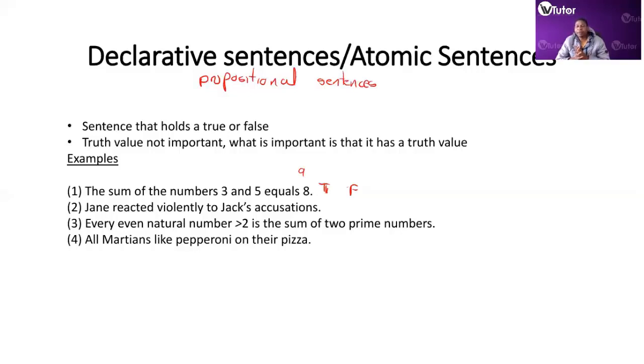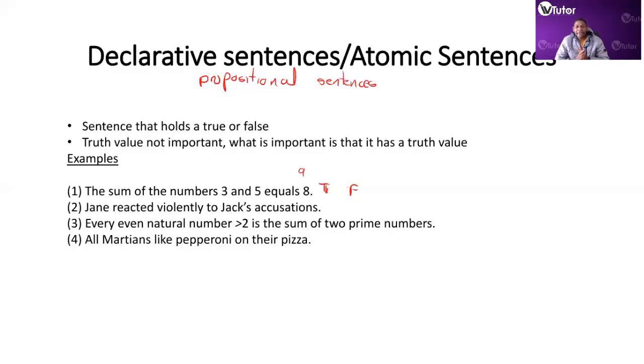I'm not even going to waste time trying to figure out if that is so. All I know is that either it is going to be true or it is going to be false. Therefore, it is a declarative sentence. Then number 4, all Martians like pepperoni on their pizza. Either this is true or this is false as well.